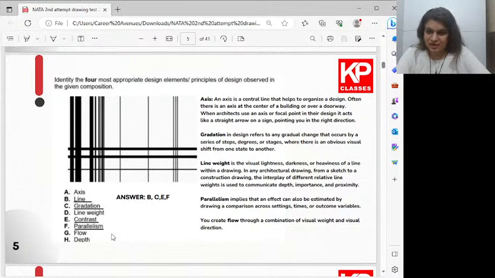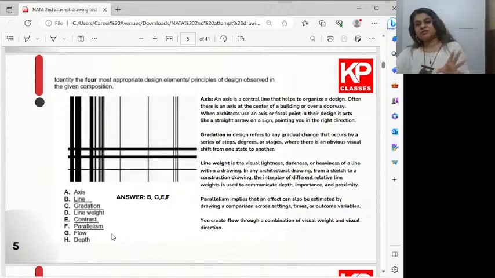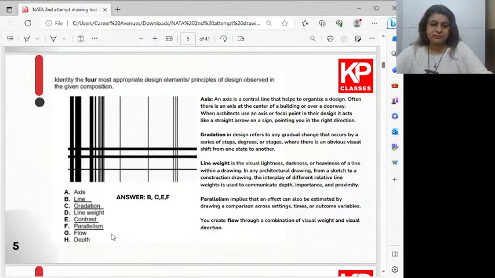But no, let's understand the meaning. Parallelism implies that an effect can also be estimated by drawing a comparison across settings, times, or outcome variables. So parallelism over here means comparison, when you are drawing a parallel of something to something else, right? So that is what it is.